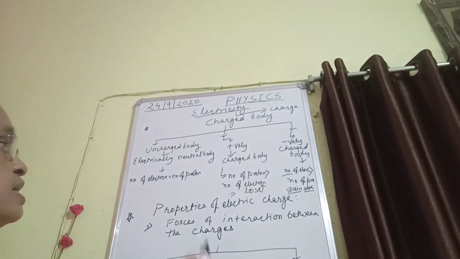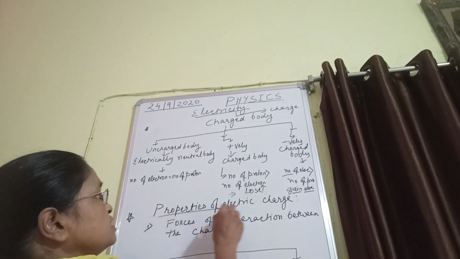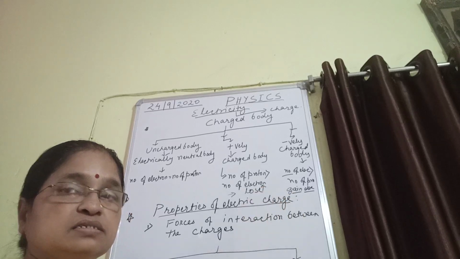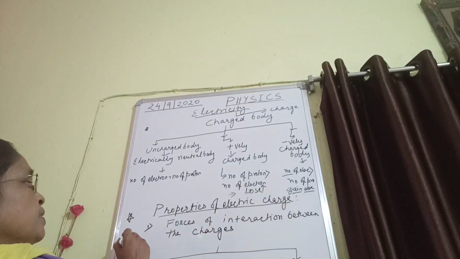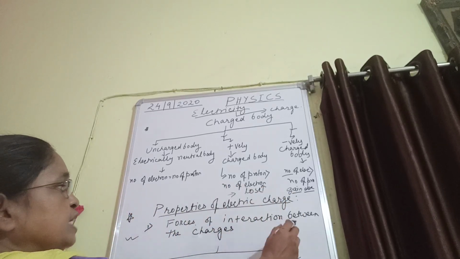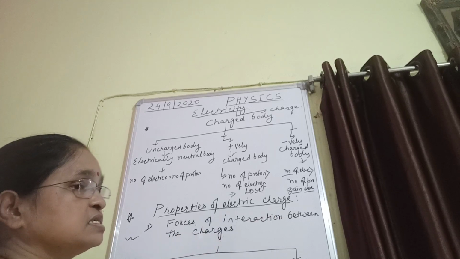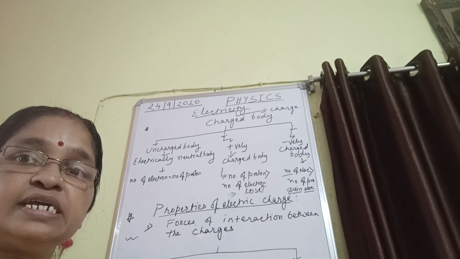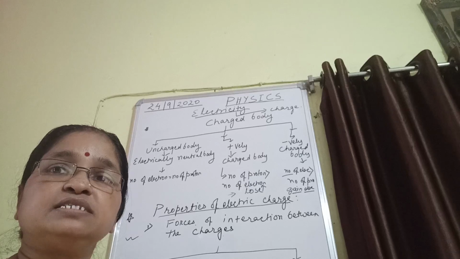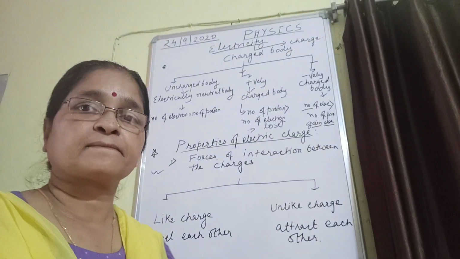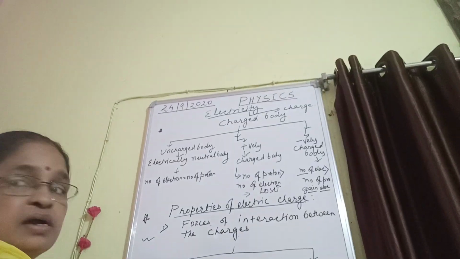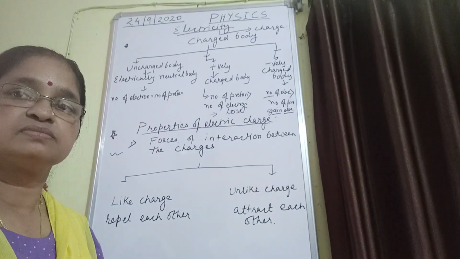So let us see what the different properties of electric charge are. First property: force of interaction between two charges. What is the force of interaction between the two charges? Just see it. Like charges repel each other.